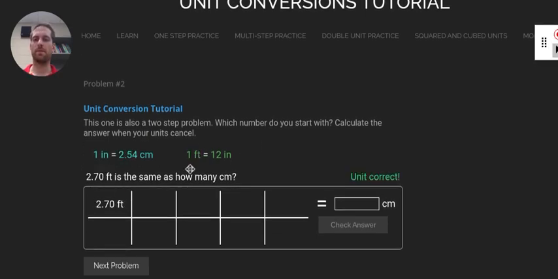That goes there. Feet just cancel here because I want centimeters, so inches has to go there. Centimeters has to be on top, so inches has to cancel. And that's going to work out to 2.7 times 12 times 2.54, or 82.296.